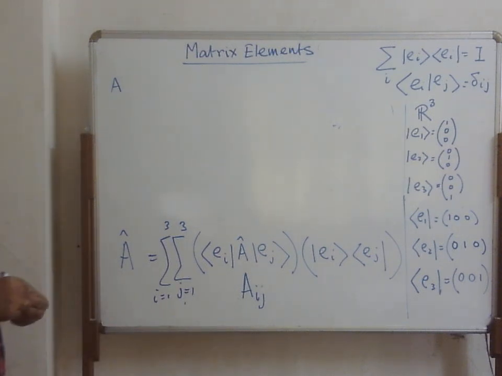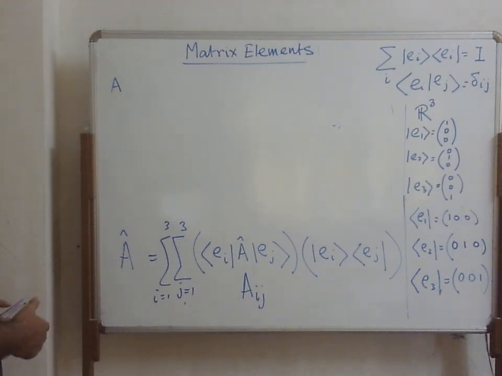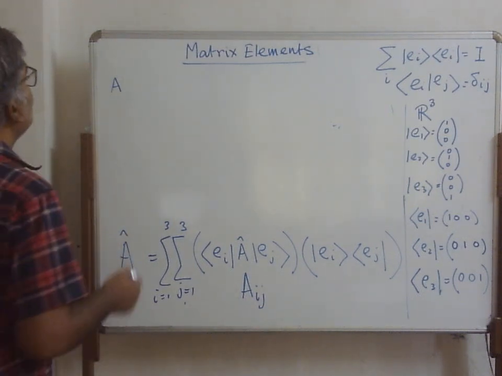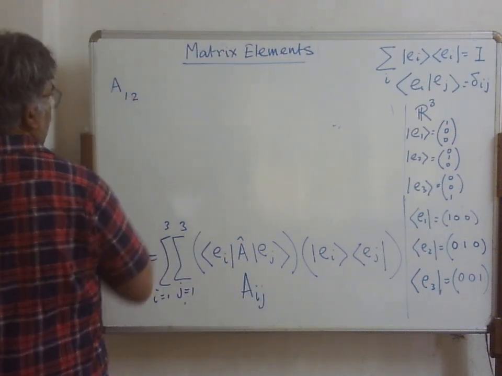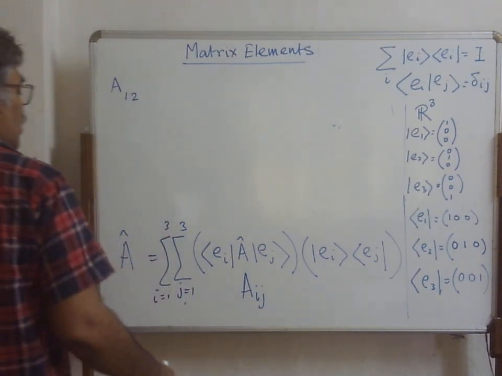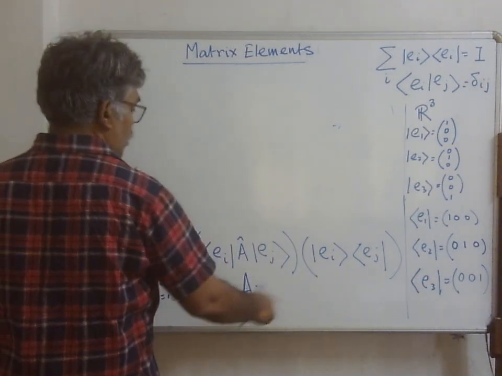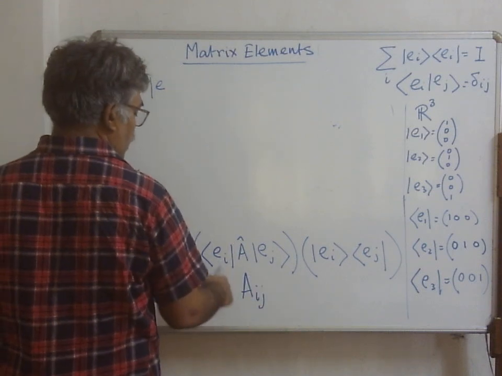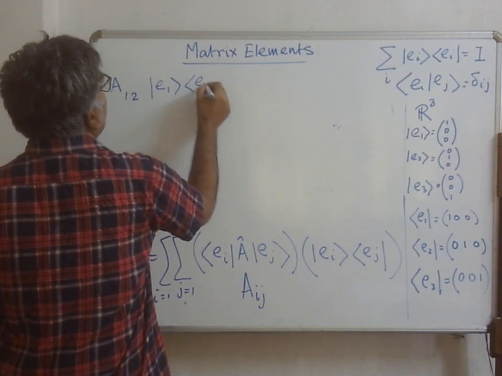And what I shall do is take a particular term and explain it to you. Suppose I take A12. If this is 1, 2, then i is 1 and j is 2.